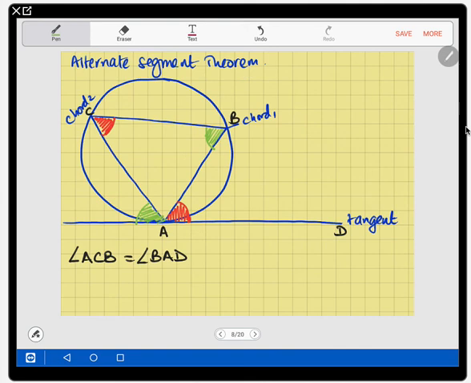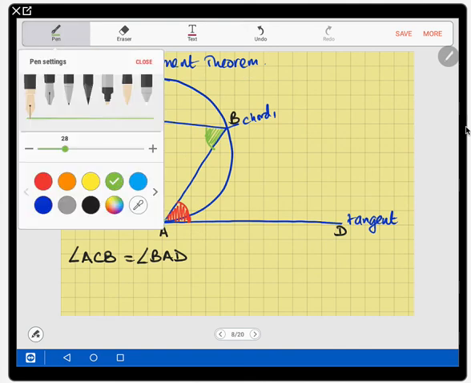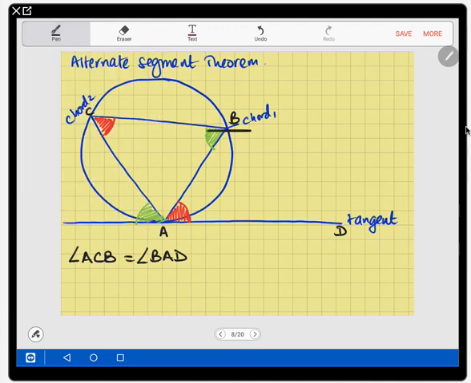Now, I'll show you a trick. Look at this angle here. These are opposite here. Going down direction, these are opposite, okay, with the tangent.